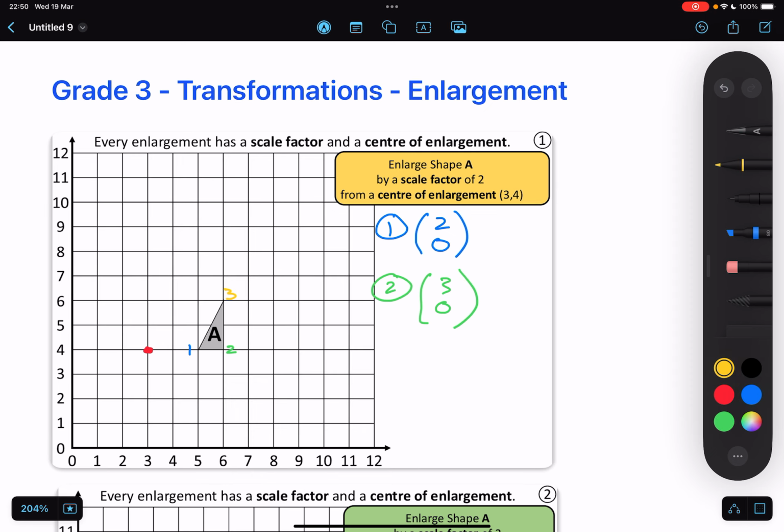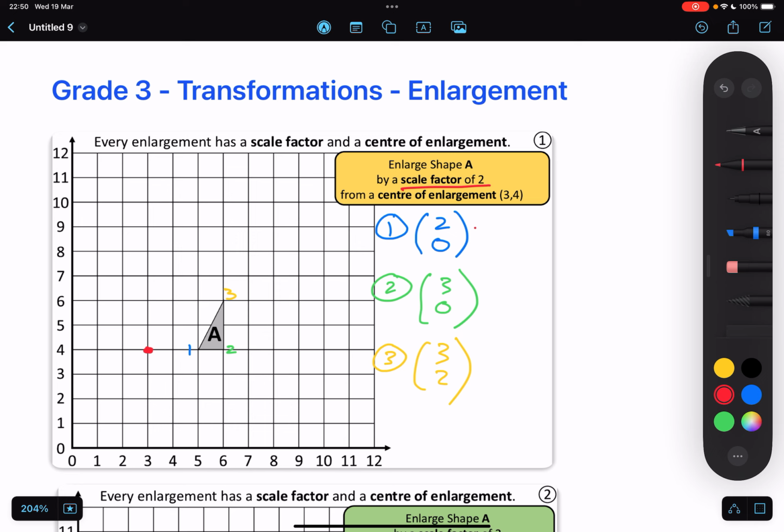And then for the final point, which is point number 3, how do we get to point number 3? 3 to the right, 2 up. So we're going to want 3 to the right and 2 up. There we go. Now, we've got our journey, but because the scale factor is 2, we're going to want to do twice the journey.